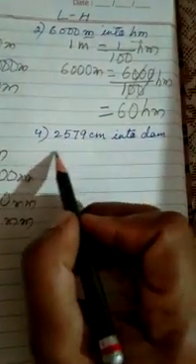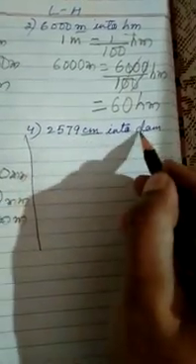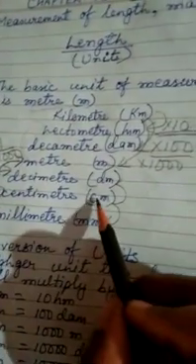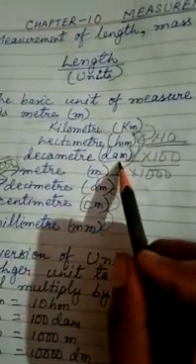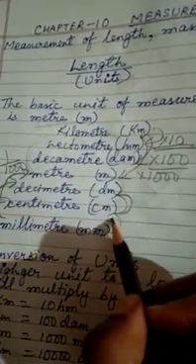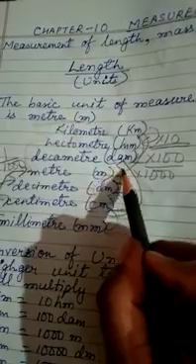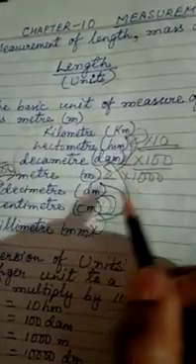Another example we will solve here, that is centimeter into decameter. Let us see the table again. Centimeter to decameter. 1 centimeter equals 1 by 10 decimeter, 1 by 100 meter, and 1 by 1000 decameter.